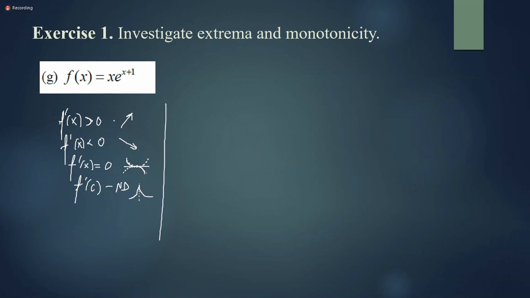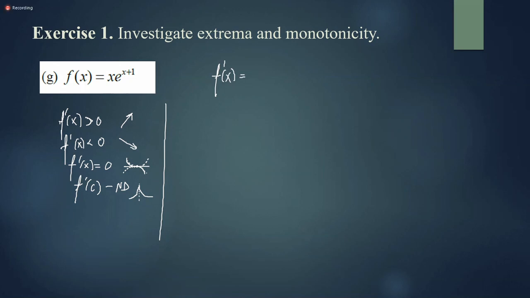let's investigate this function because it has an exponential factor in it. That means it's not a polynomial. Perhaps determining the sign of the derivative in different segments might seem difficult to you, although it's actually not. So the derivative of this function is, it's a product.